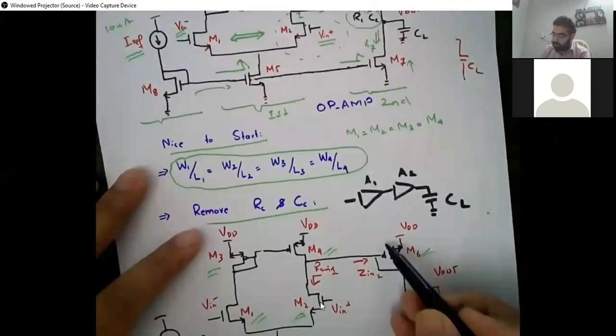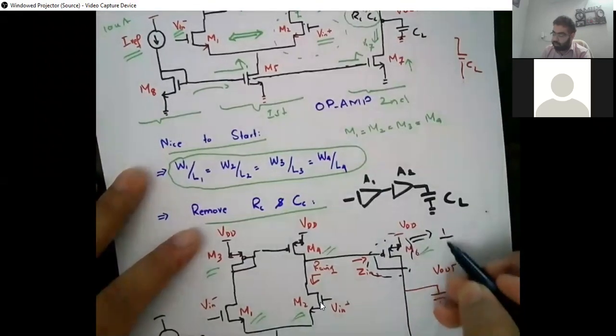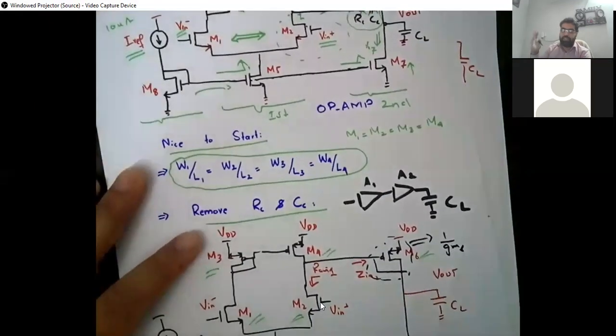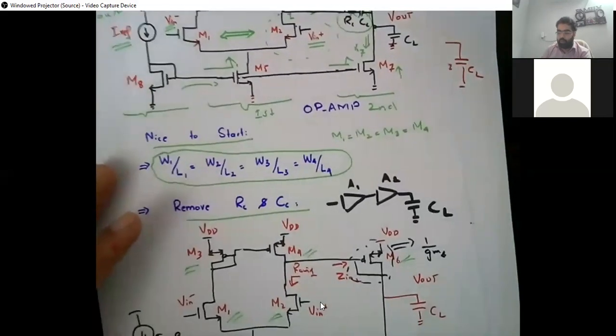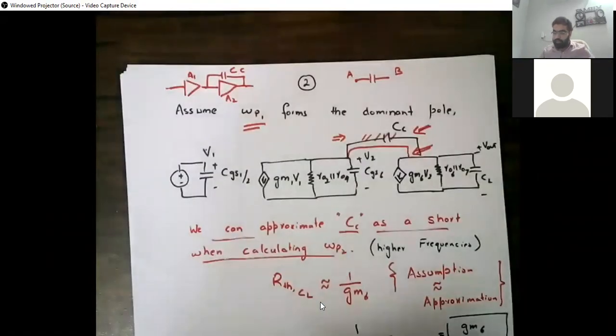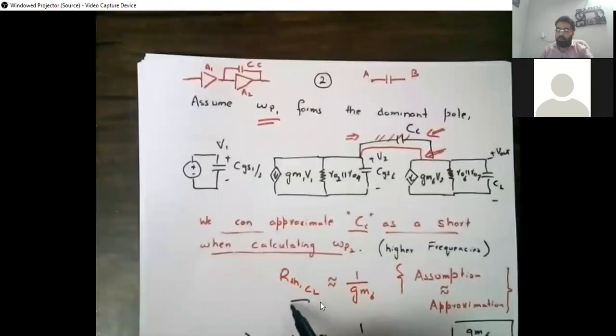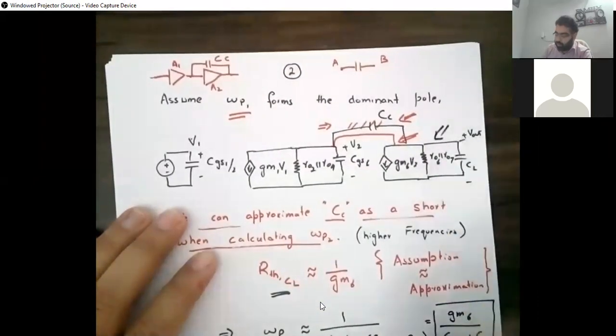So what will be the impedance of this M6? It's going to be 1 over GM6. And 1 over GM6 in parallel with any RO is approximately 1 over GM6. So the R Thevenin, or the overall impedance seen at this node, is now 1 over GM6.